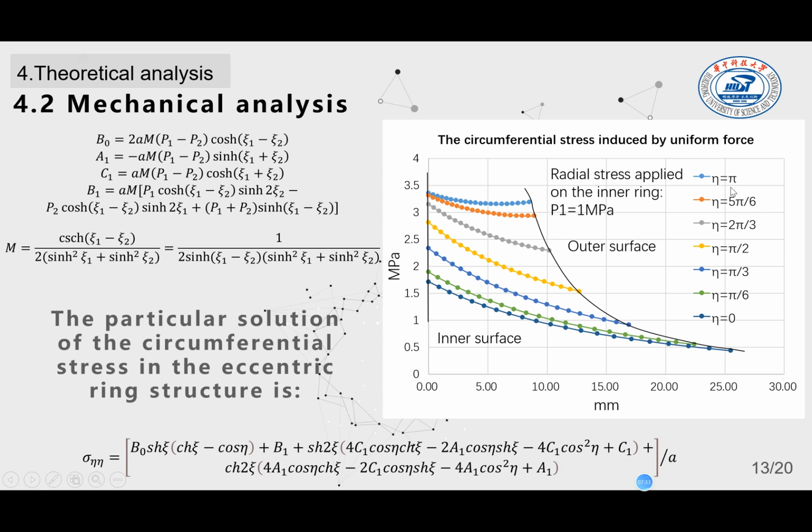Eta equals pi represents the thick side, while eta equals 0 represents the thinning side. And we can see that the stress on the thin side is higher than the thick side.